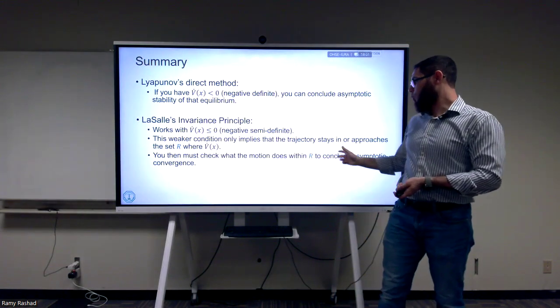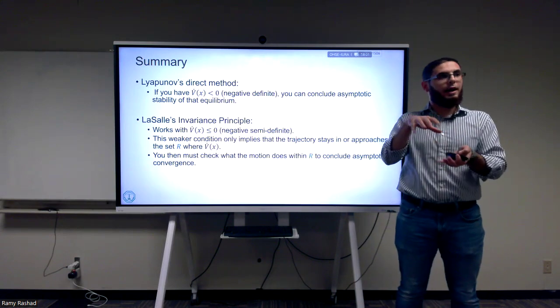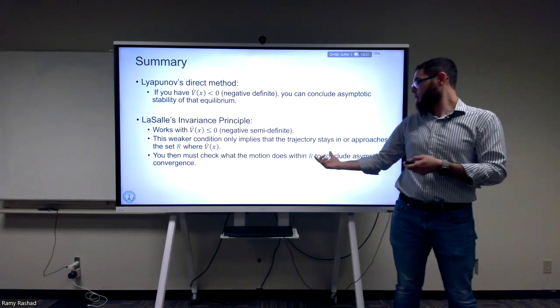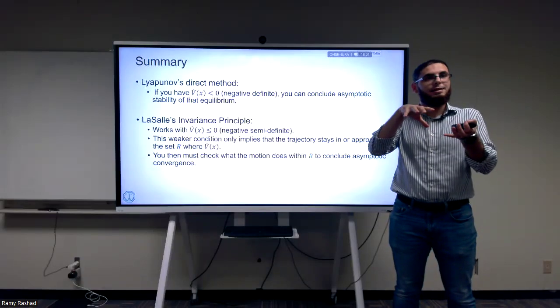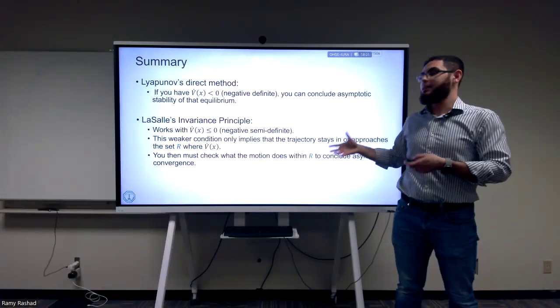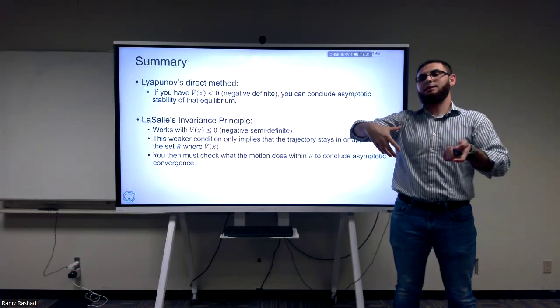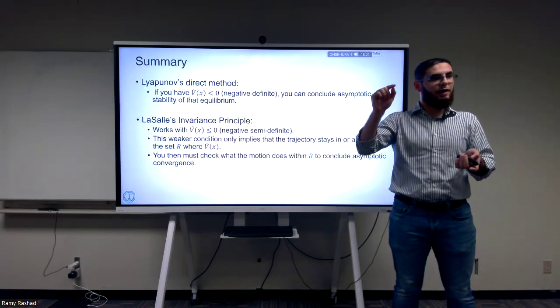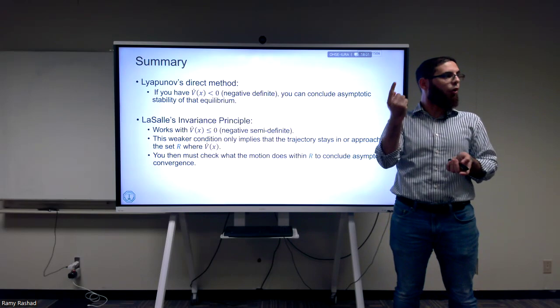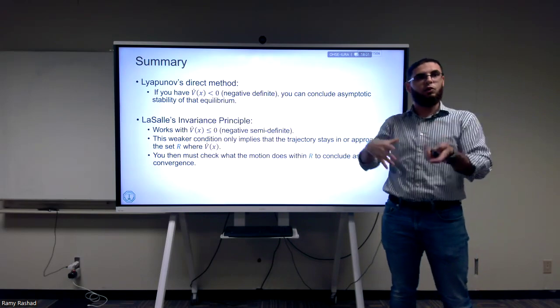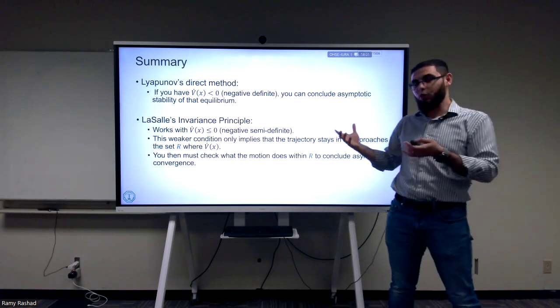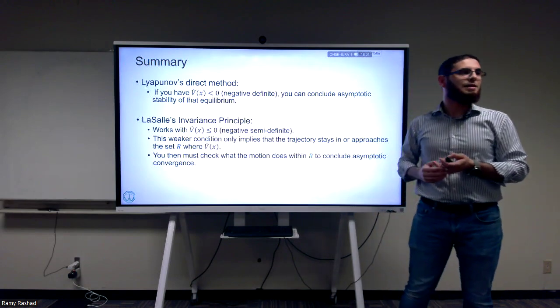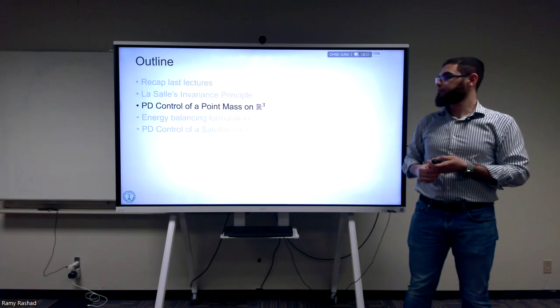And then you must check, by doing further analysis of the system, whether if I'm in R, there are some regions where I'm always going to be staying, the invariant set, and then you can conclude you always go to this invariant set. If I can show in addition that this invariant set has only the equilibrium point I want, or if I can smartly constrain the state space or the domain I'm looking in, then I conclude asymptotic stability of the equilibrium point.